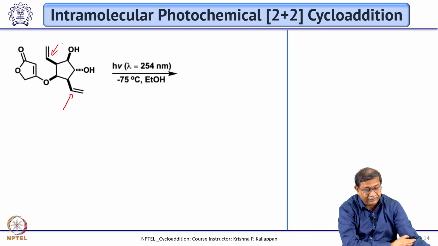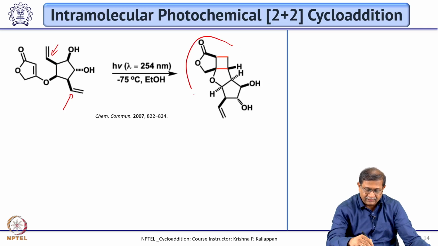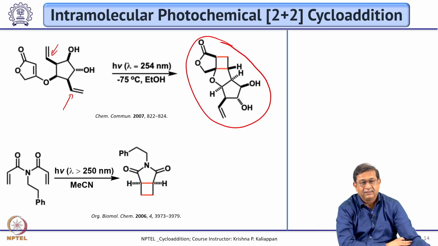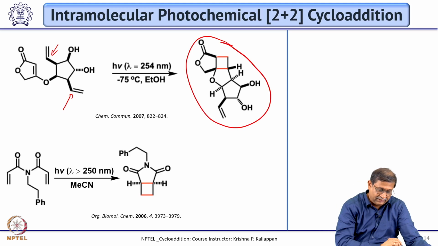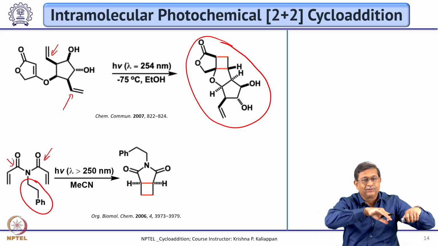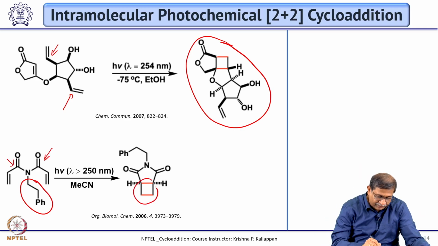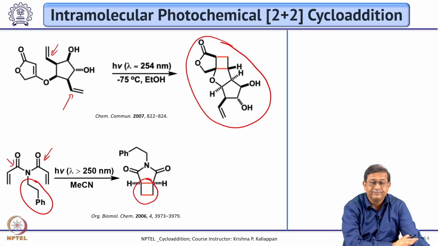So, one of them reacts and that undergoes intramolecular 2+2 to get a very interesting tetracyclic compound. And in this case you can see this N-homobenzyl having 2 vinyl amide can undergo a 2+2 cycloaddition reaction to form this cyclobutane.